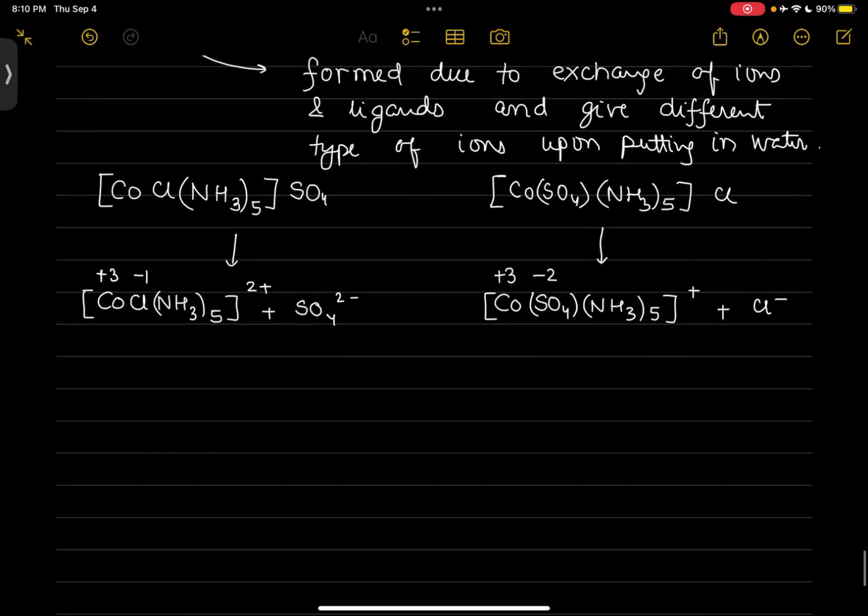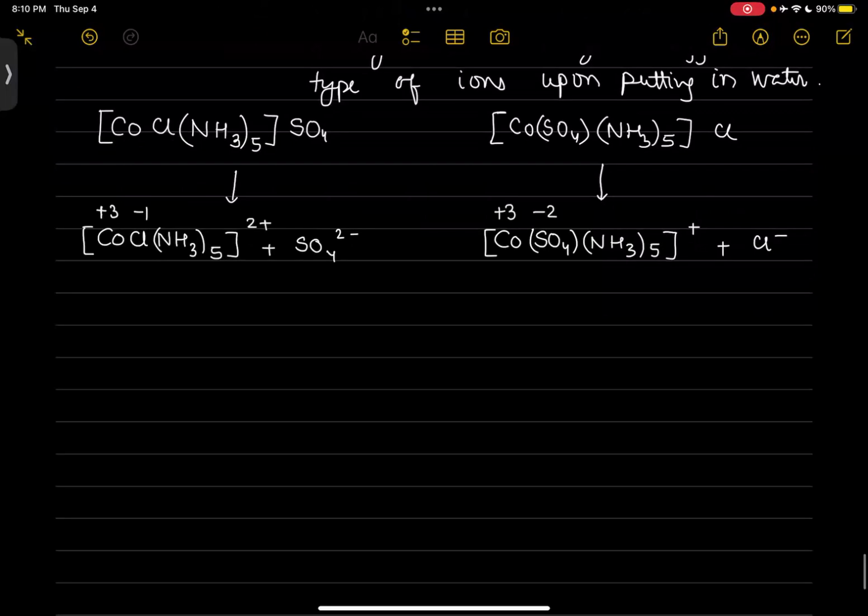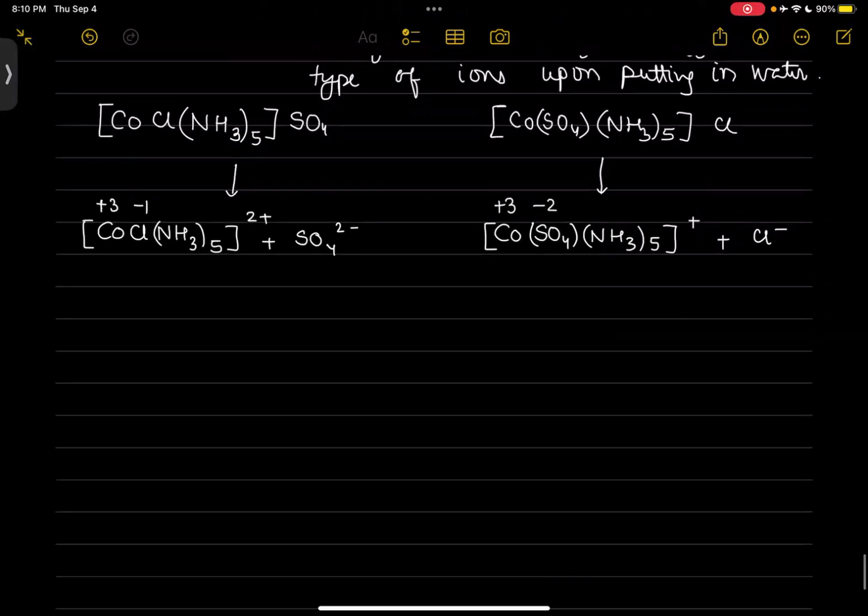So how can you make out which one is giving sulfate and which one is giving chloride? What's the technique?